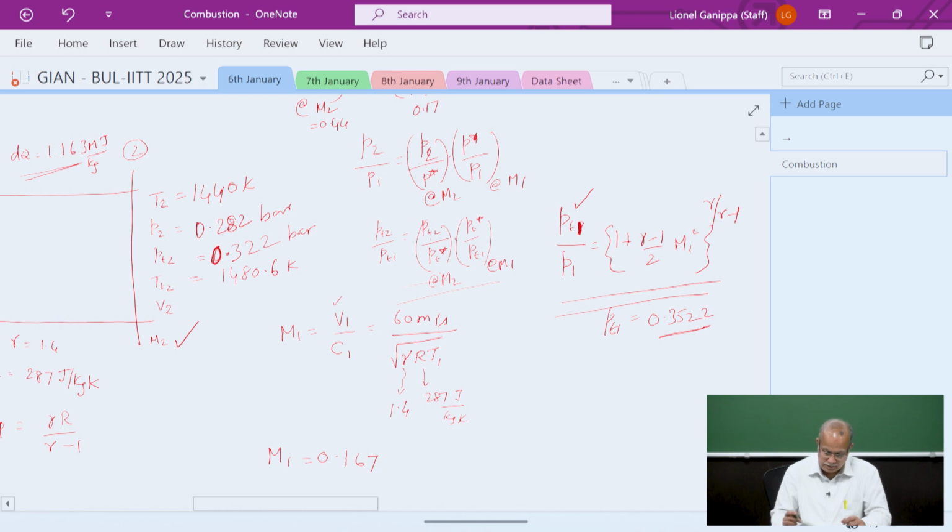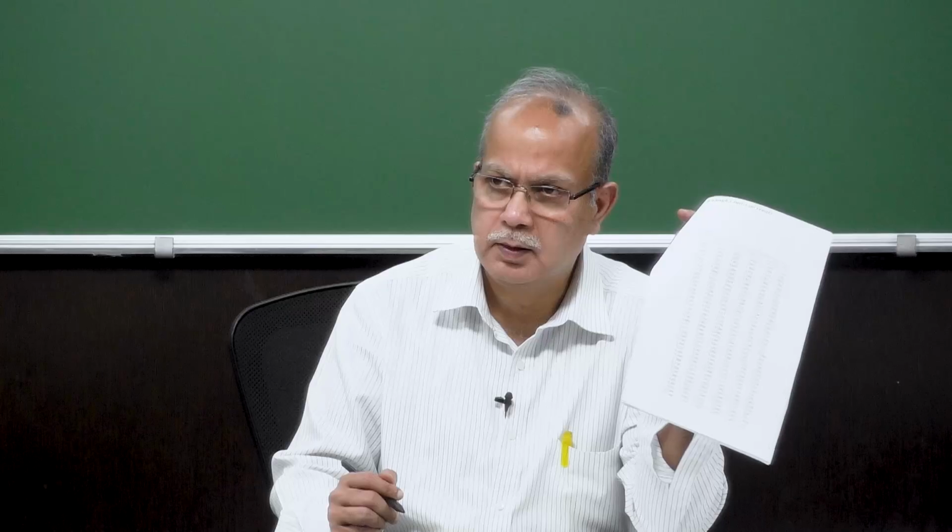Now, how do you find V2? In the table, there is no velocity expression. You can use the continuity equation as one of the ways to do it.